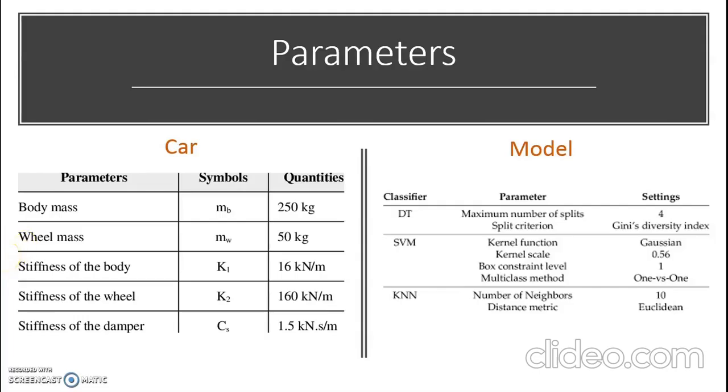Underlying all of these tests is a set of parameters. Just like a car, there's a set of parameters, for example body mass, wheel mass. So whenever the performance is not satisfying, designers and engineers will go back to the parameters and start tweaking. What combination of parameters is going to work best with that particular situation?